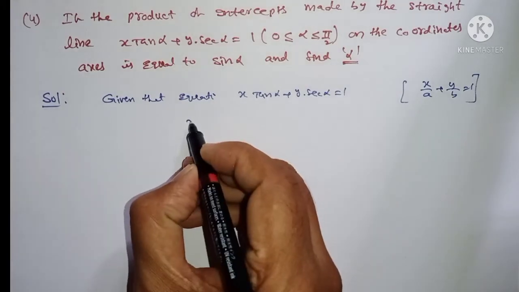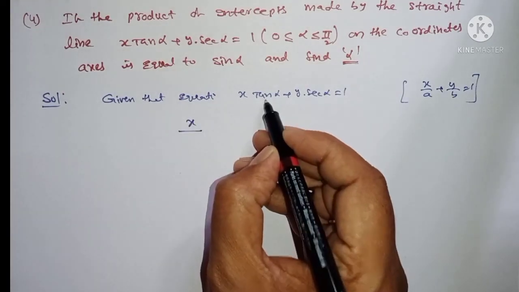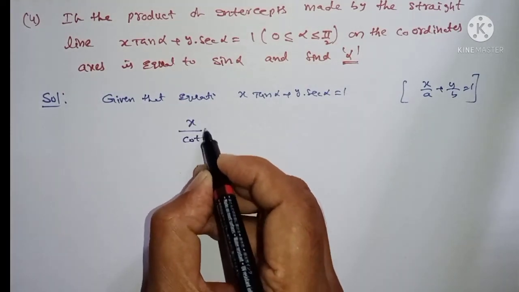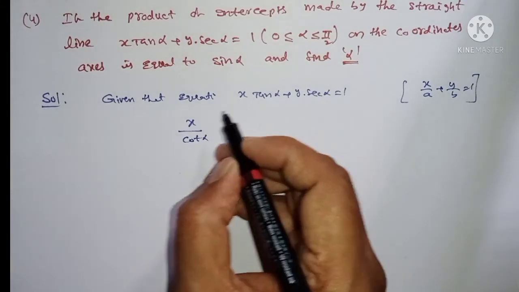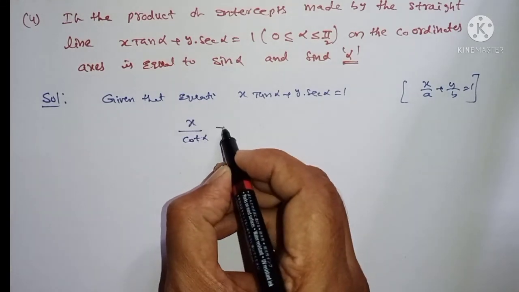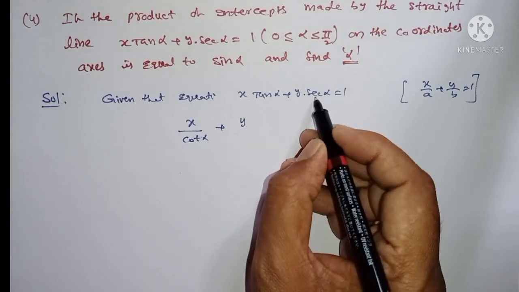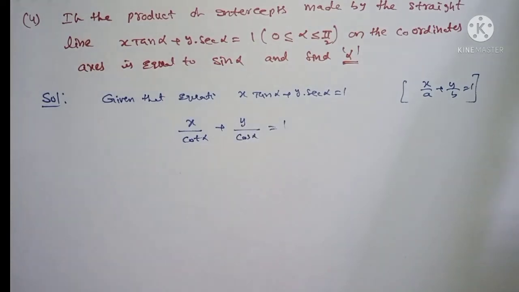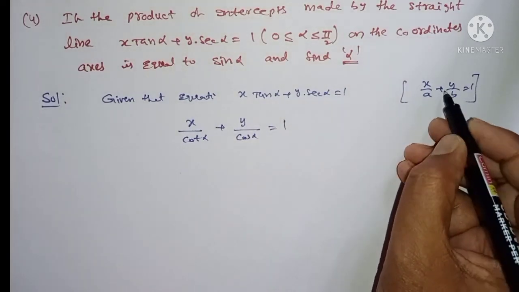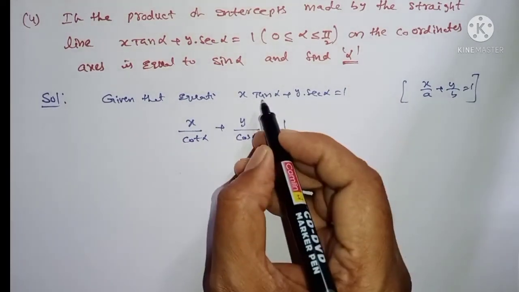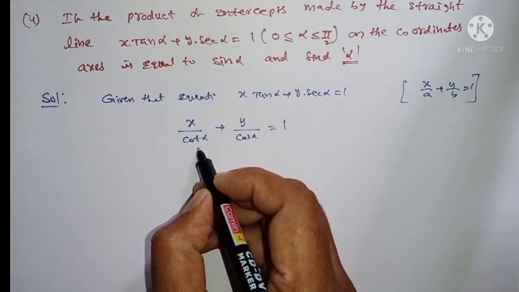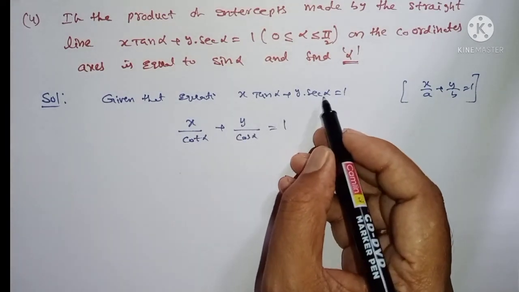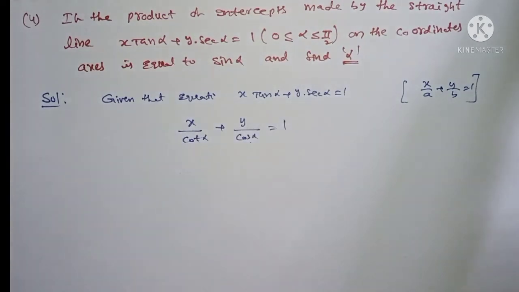Therefore this can be written as x by tan alpha, I can write here 1 by cot alpha, plus y secant alpha, I can write here 1 by cos alpha, is equal to 1. Because you can write in the form of x by a plus y by b is equal to 1.